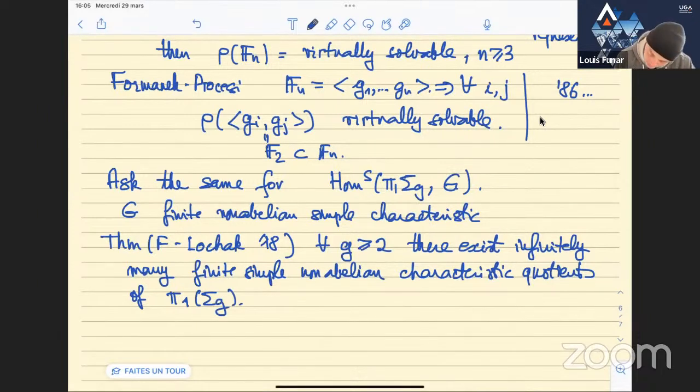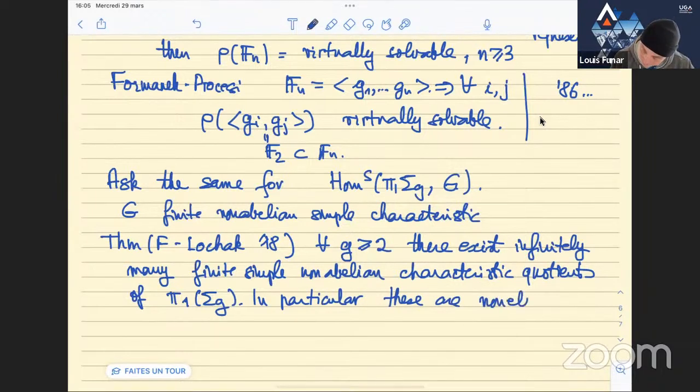And in particular, these are not only non-elementary. I'm saying that the quotient is non-elementary if the homomorphism from pi1 of sigma g into G, which it is coming with, is non-elementary. And more than that, I would say, well, Reznikov is saying essentially injective. Let's say the kernel is non-geometric.